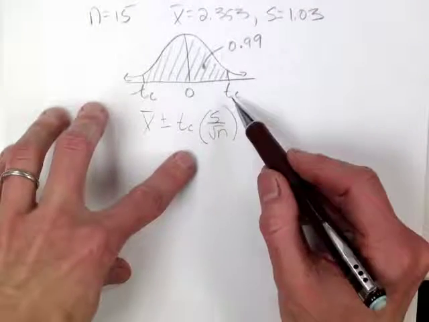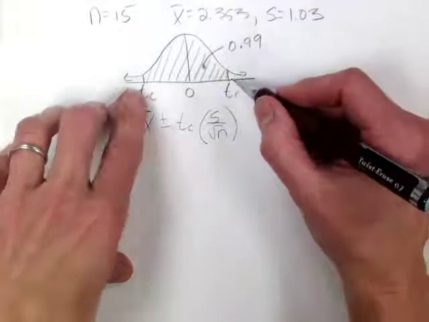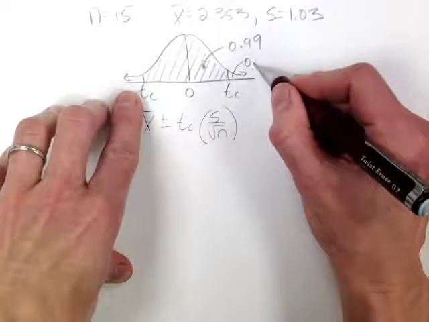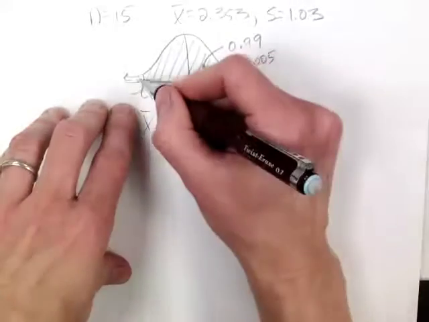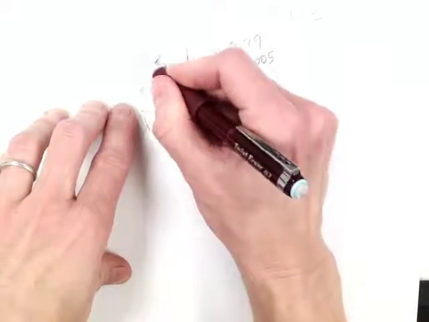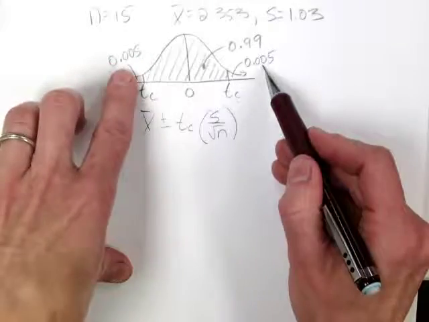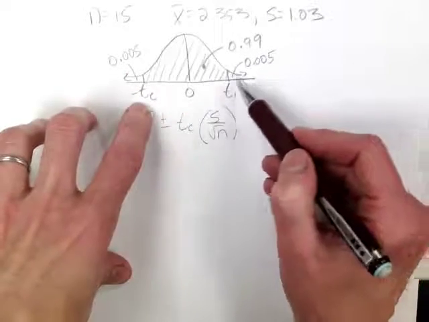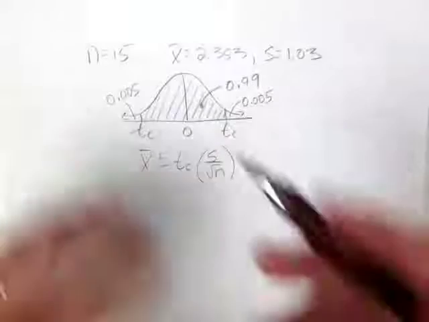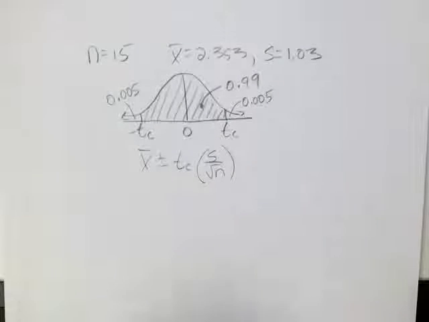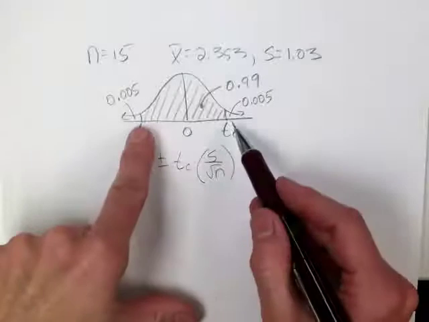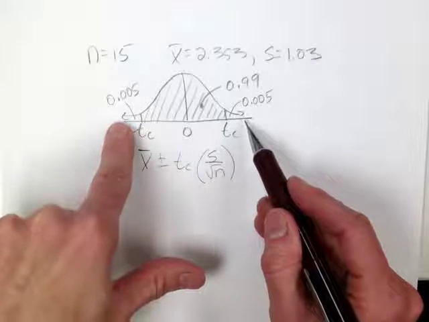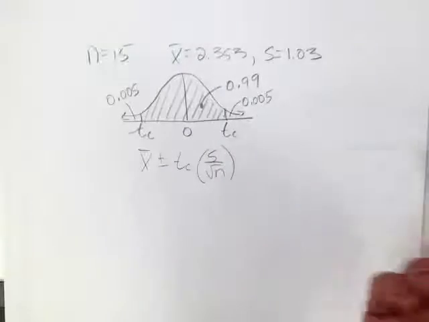If I have 0.99 amount of area between these two critical values, I'm going to have 0.005 in one tail, because if I double that, I would get 0.01, which is complementary to 0.99. Remember, the whole area under the curve has to be 1 or 100%. So if I partition this curve to have 0.99 in between two symmetric values, then I have 0.005 amount of area in each one.